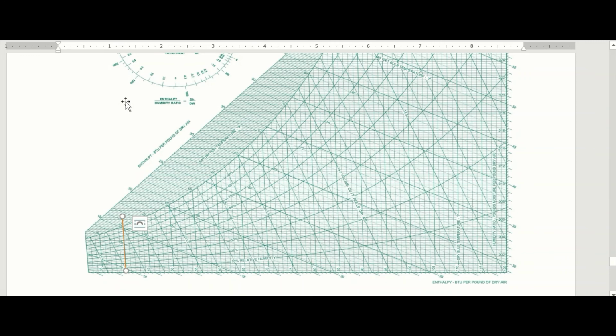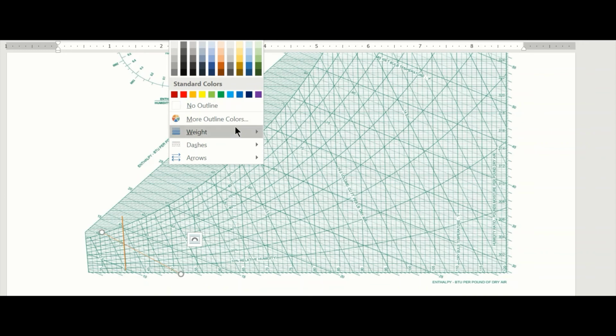Good. So our wet bulb is 35. These faint lines are the wet bulb lines, and you can see them. These faint lines are 35. So here's my wet bulb line, and I can draw it. Good.